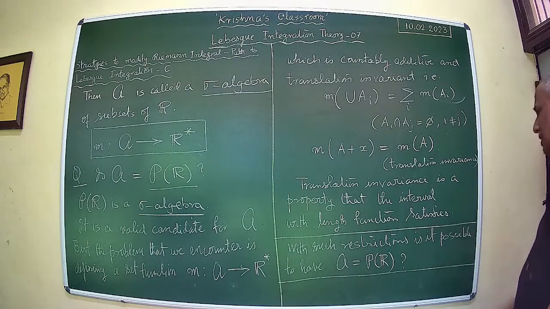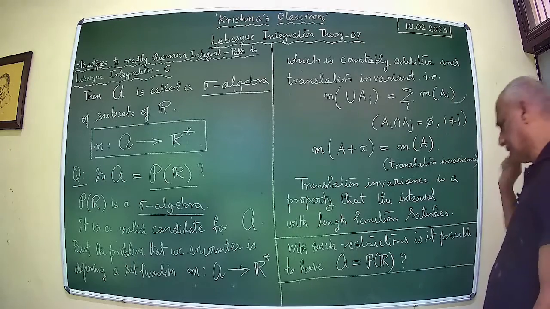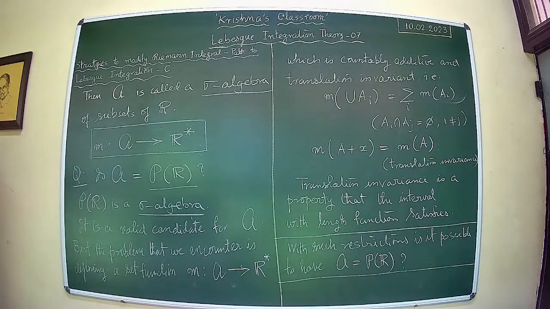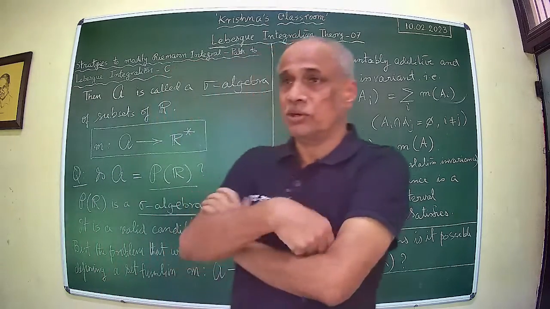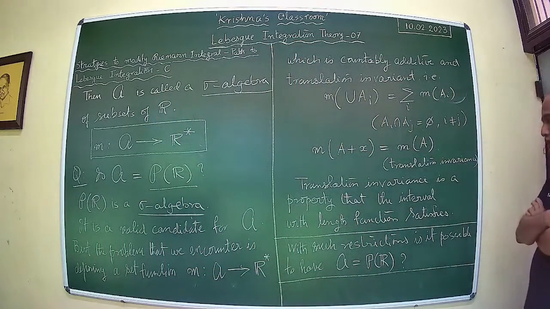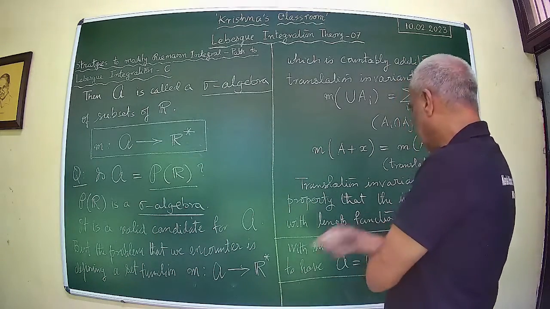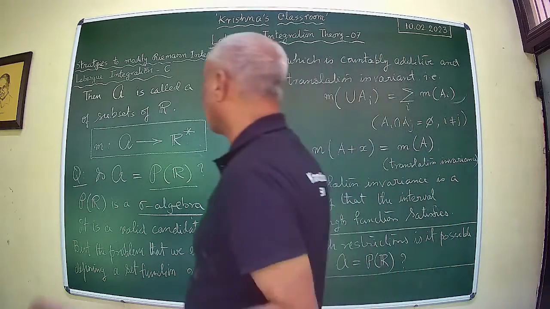Now the question that you ask is, with all this, is it possible to have script A equal to PR? Let us keep this question in our mind. Therefore, we don't care at the moment whether the sigma algebra that we are going to work with is the whole of all the subsets of R, or a proper subcollection of that. Maybe, we don't know. But certainly the basic properties of A are to be satisfied. Okay.